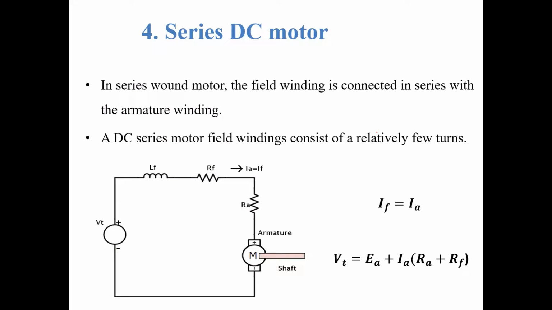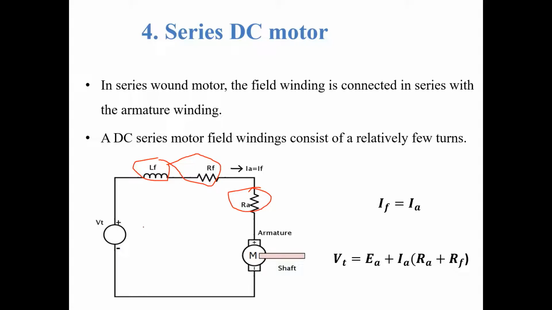So let's get into it. The series motor is a type of self-excited motor, and the terminal voltage is connected to both the field part and the armature part. Both the armature and the field are connected in series.